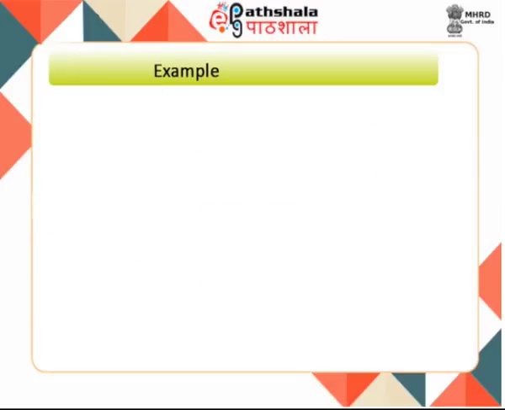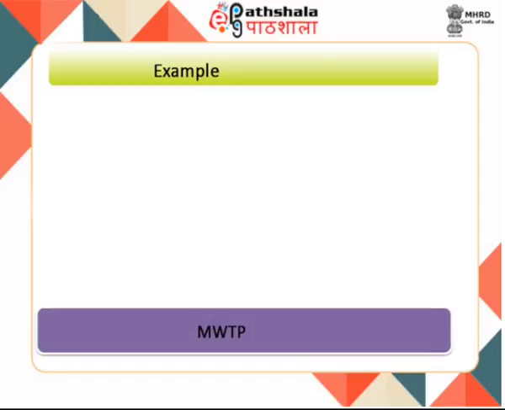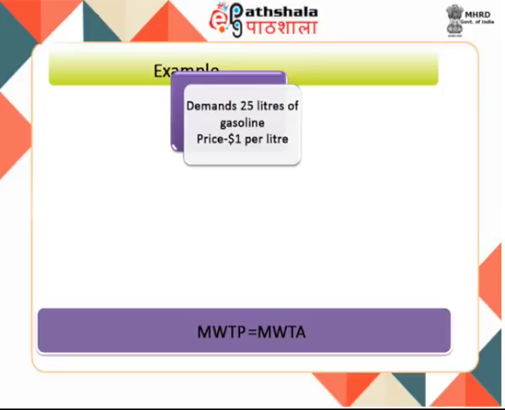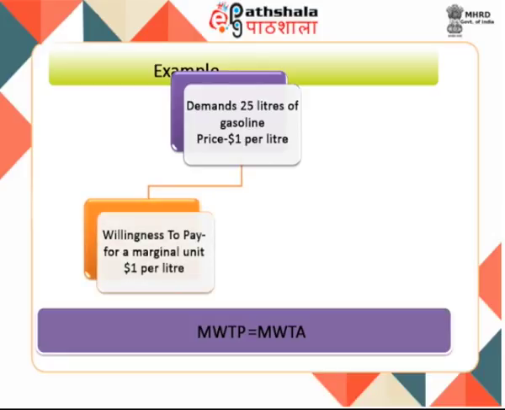For an economic good which has a direct pricing mechanism, MWTP and MWTA might be nearly equal. For example, person A demands 25 liters of gasoline when the price is $1 per liter. So $1 is the price A is willing to pay for a marginal unit of gasoline.